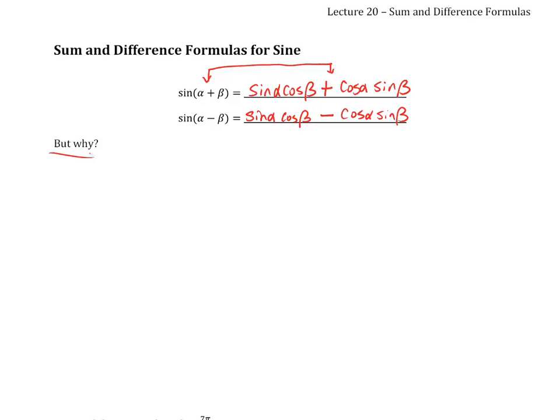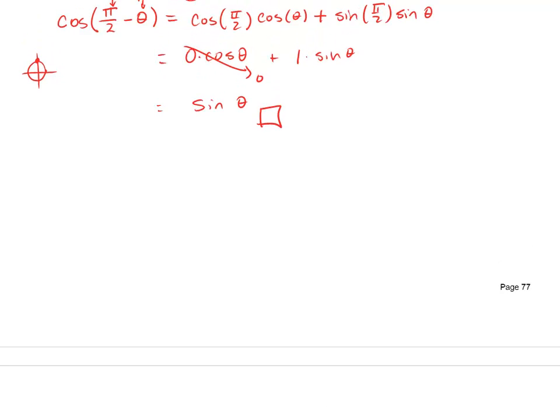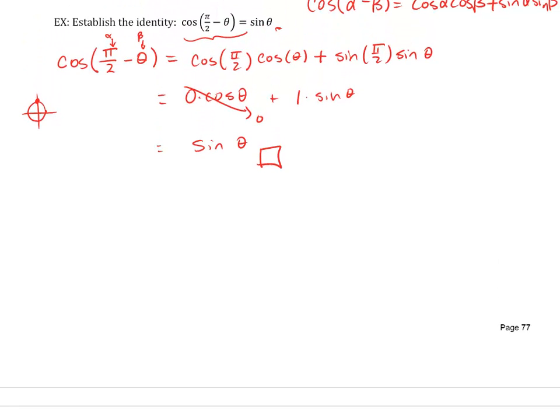But of course, we want to answer the question of why is that the case? Why is that true? And it turns out that the easiest way to prove that is to use a little identity that we just proved, which was this guy right up here. This actually says that sine and cosine are related in that you can rewrite a sine of theta as cosine of pi over 2 minus theta.